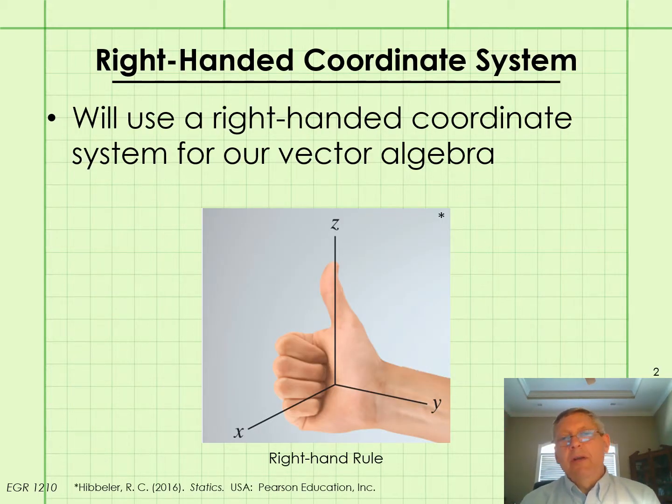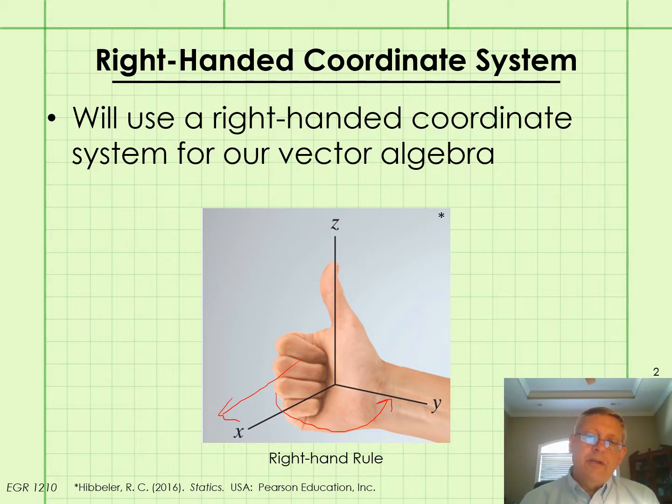We'll be using what's known as a right-handed coordinate system for our 3D work throughout this course. You can check to see if a given coordinate system is right-handed by doing the following. Using your right hand, extend your fingers out along the x-axis such that they can be curled into the y-axis.